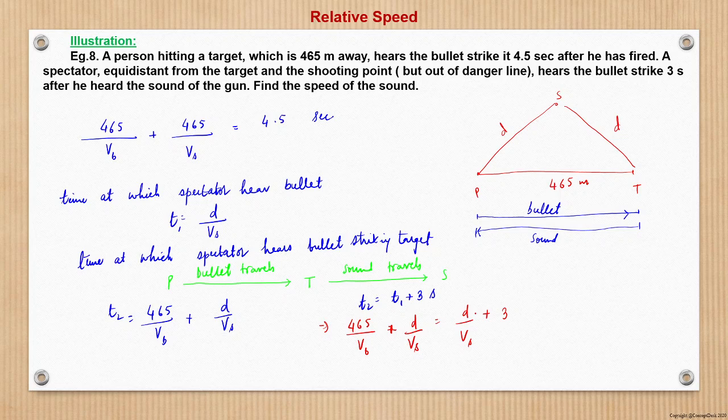So from here D by Vs cancels out, and we can say that 465 by VB is equal to 3. Now we will substitute this second equation in the first equation.